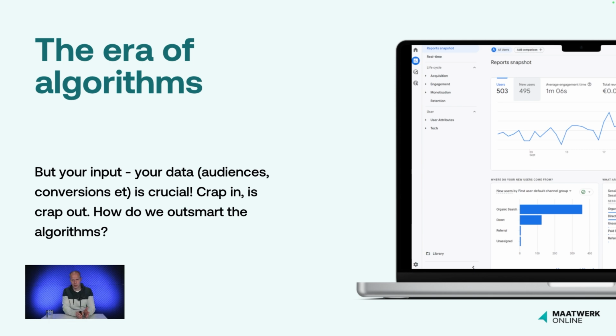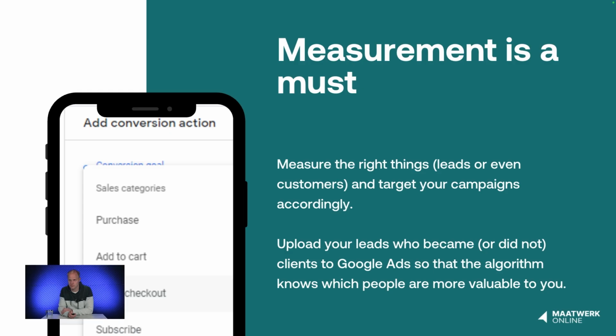Because your input, your data, basically determines what the system can do with it and the outcome of what the system will give you. So the better the data we give the system, the better the output will be. Meaning, the better the algorithm will optimize towards what you want in your demand gen campaigns.